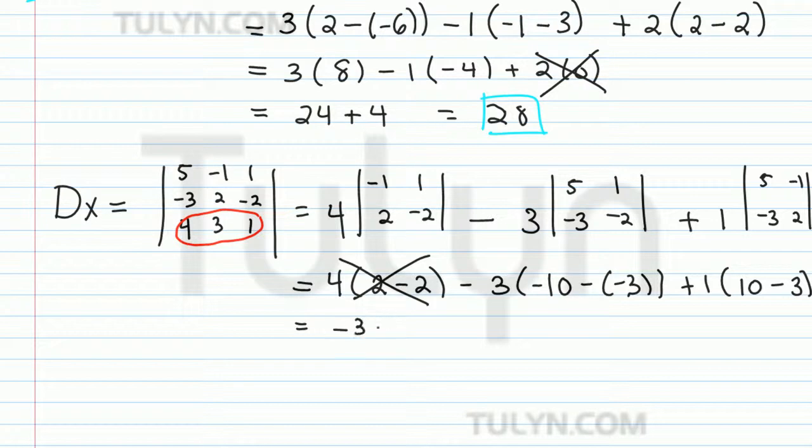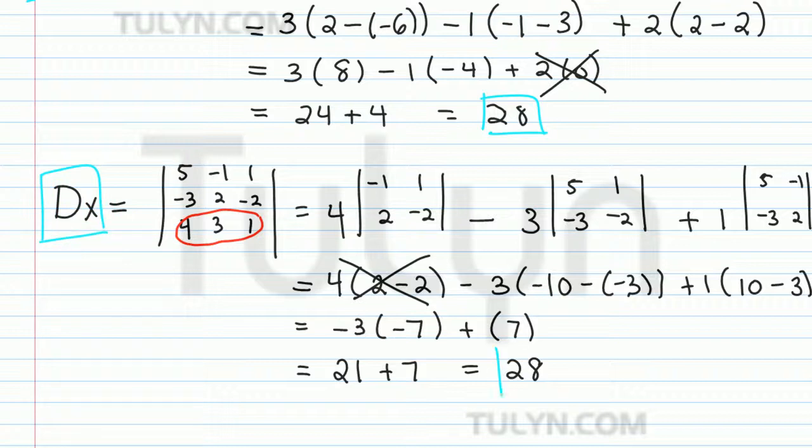So we're left with minus 3 times negative 10 minus negative 3, which is negative 10 plus 3, which will give us negative 7. And then plus 1 times 10 minus 3, which is 7. So simplifying, this becomes 21 plus 7, which is 28. So we get 28 for both d and dx.